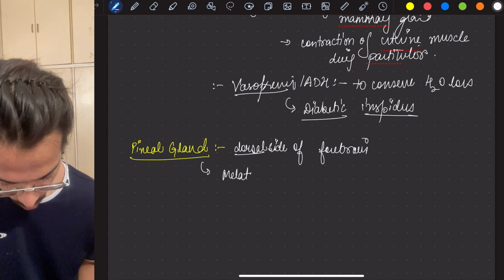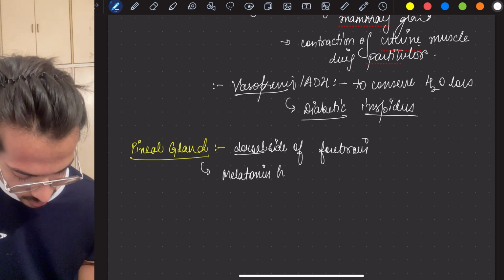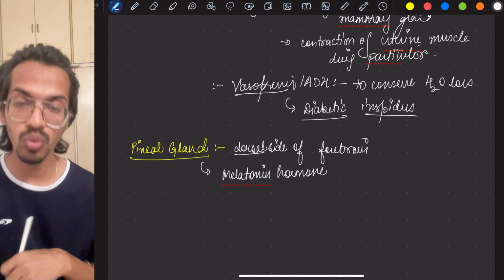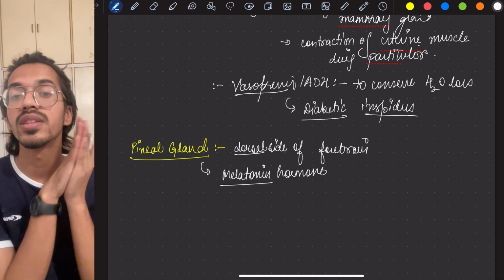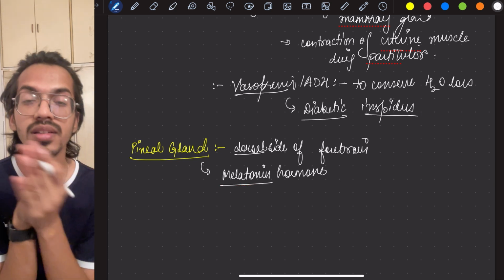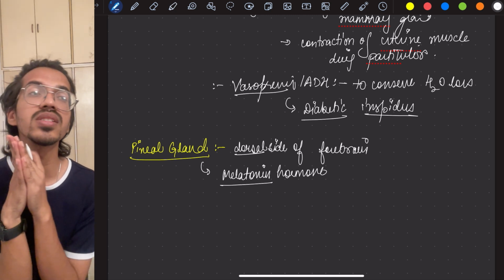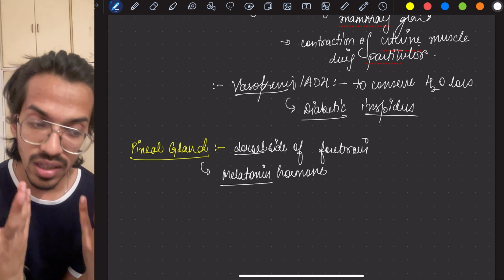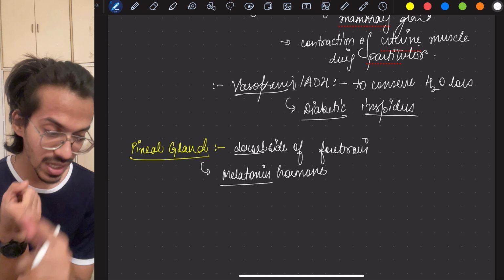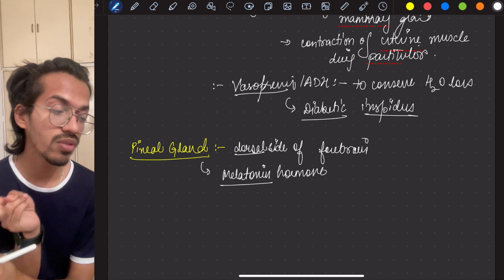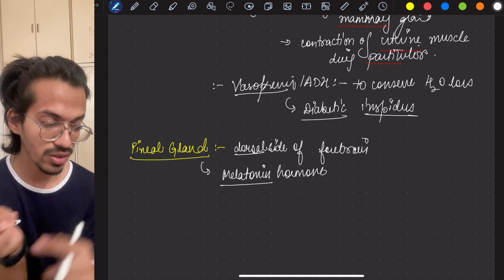Melatonin hormone is released. Now what does this hormone do? It is important for the proper day night cycle in the individual, and the menstrual cycle of the females. It even helps in metabolism, pigmentation, and body temperature.